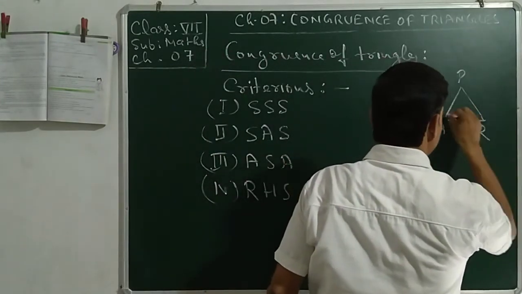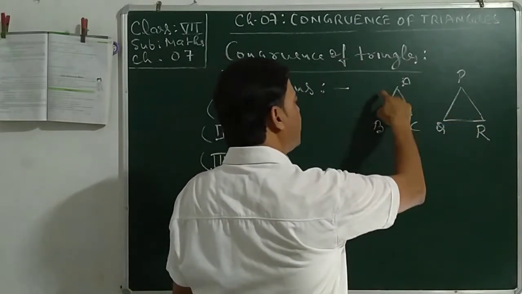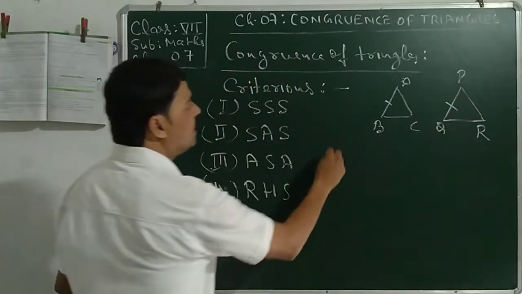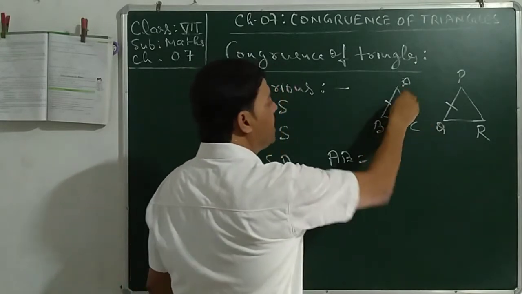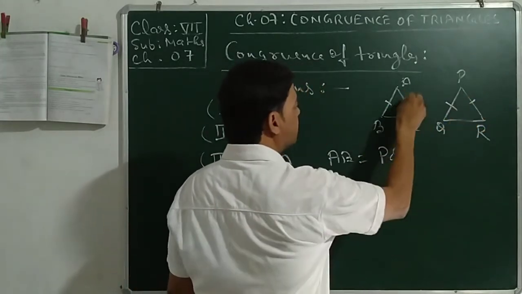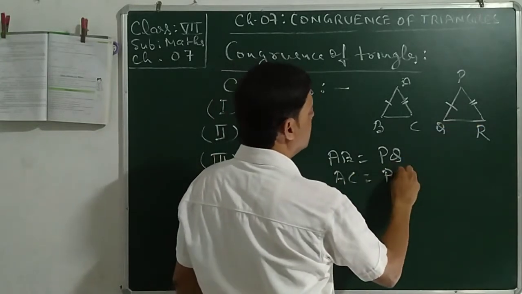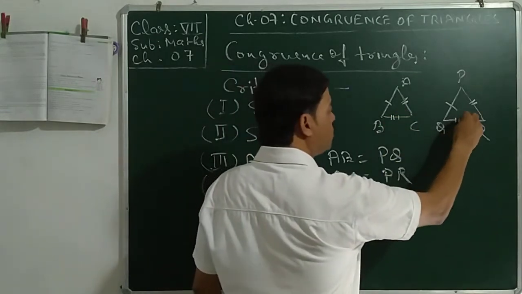In those triangles, if AB equals PQ, AC equals PR, and BC equals QR.